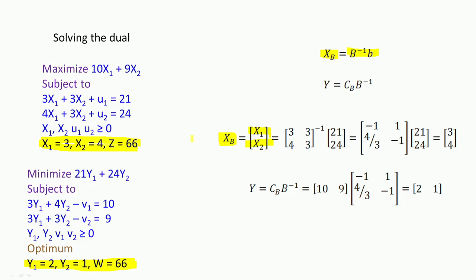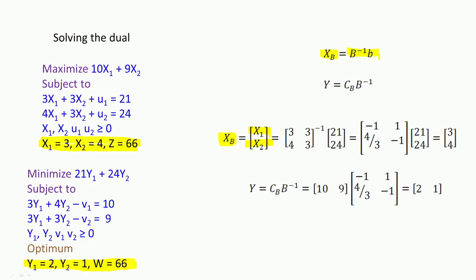If I know the basic variables in the primal, then xb is equal to B inverse b. I will tell you what the capital B matrix is and its inverse. The corresponding solution to the dual for the given basis is given by CB B inverse.